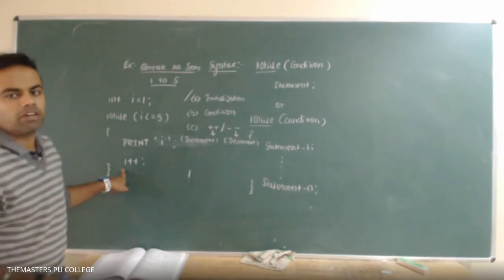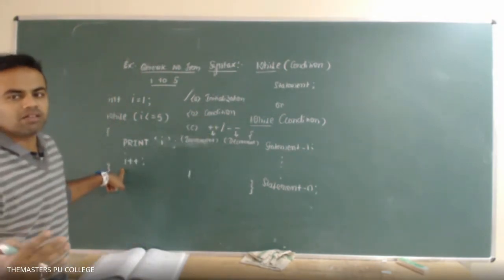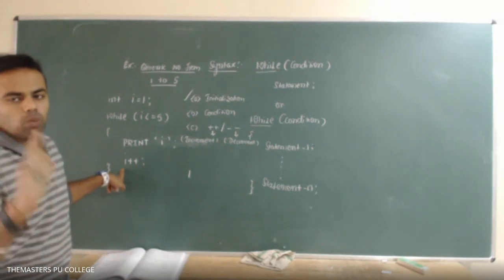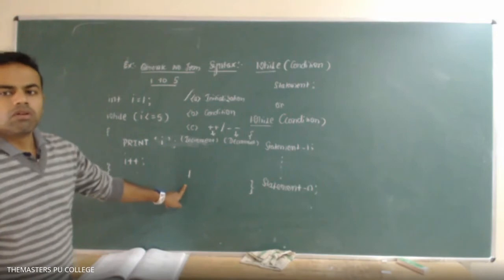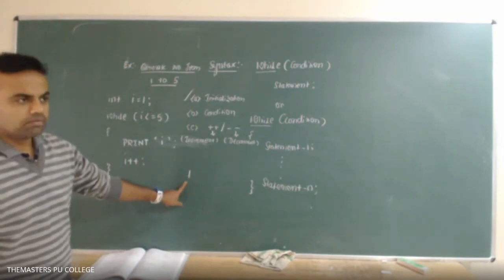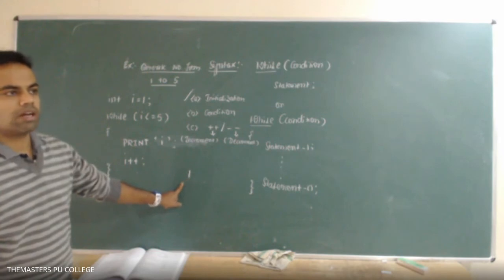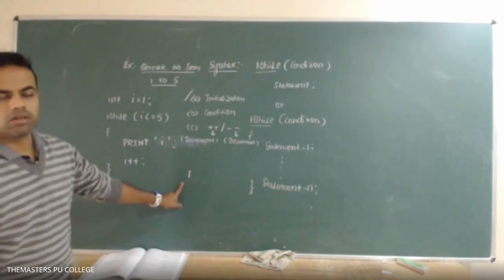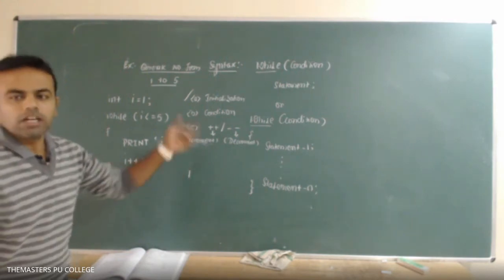What is the purpose of the increment operator? Plus plus indicates increasing the value of the variable by 1. What happens to 1? 1 is increased by the value 1, it becomes 2.